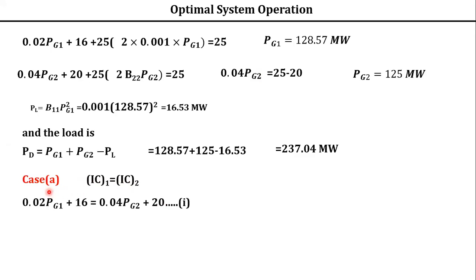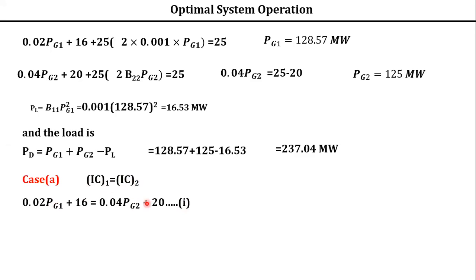IC1 is dC1 by dPG1, your incremental cost, which has been given in the problem: 0.02 PG1 plus 16 is equal to IC2, which is nothing but dC2 by dPG2, given by 0.04 PG2 plus 20. Call that equation 1. This is the condition for optimal criteria when the losses are not coordinated. Clear? So our condition is IC1 is equal to IC2.